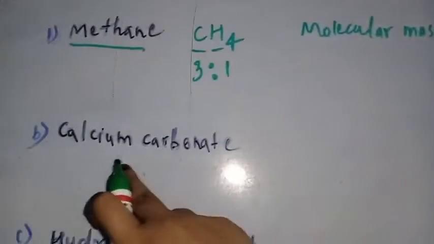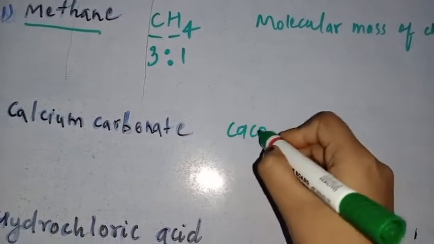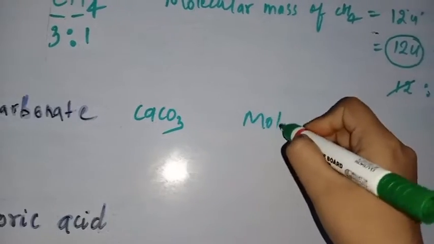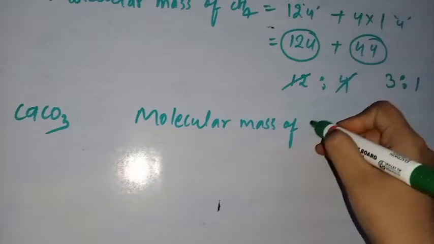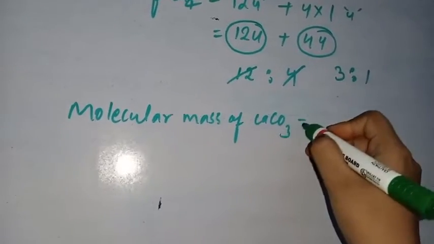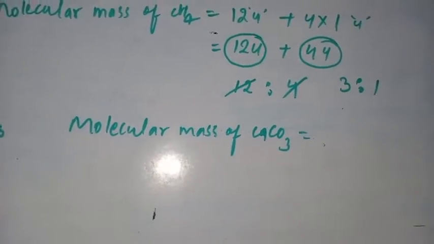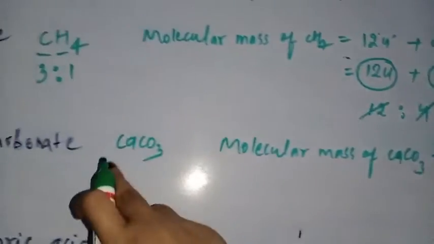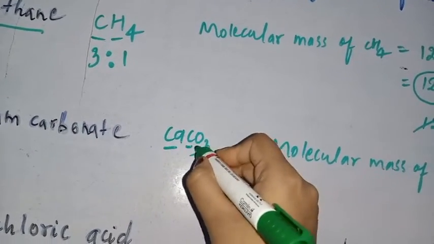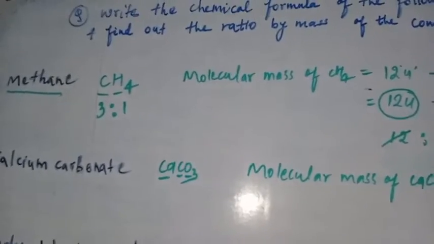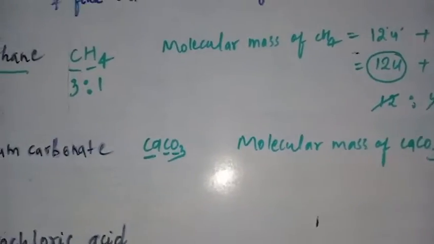Now we will see calcium carbonate. The formula for calcium carbonate is CaCO3. While writing the molecular mass of CaCO3, we write the atomic mass of calcium, which is 40. Now what are the combining atoms here in calcium carbonate? Calcium, carbon and oxygen. So we have to find the ratio of calcium, carbon and oxygen in calcium carbonate.